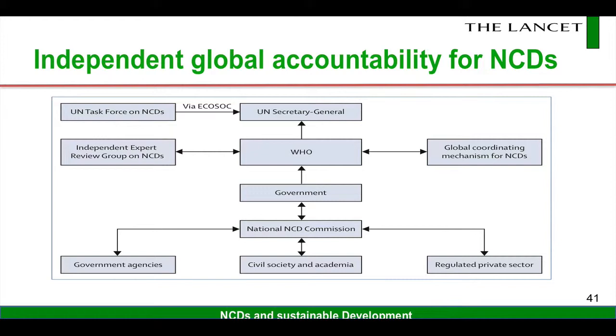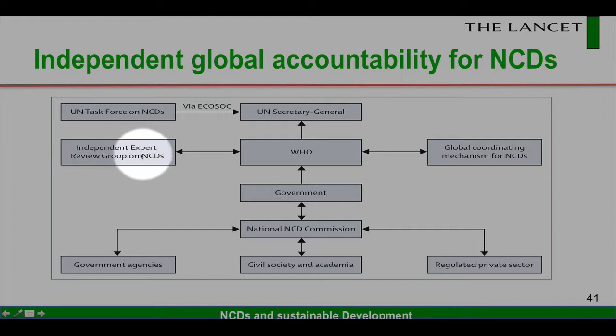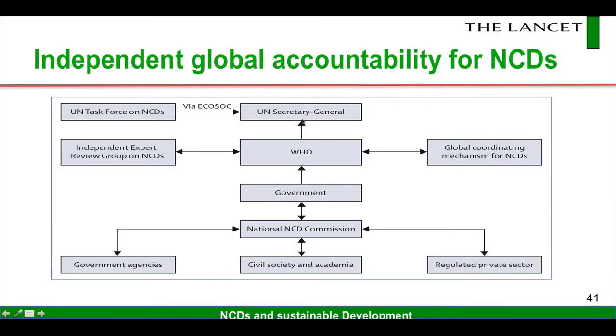He proposes that somehow, somewhere, there needs to be an independent expert review group on NCDs, which should look after the global monitoring framework proposed by WHO, which should then trickle down to the countries and also be reported back to the UN Secretary.